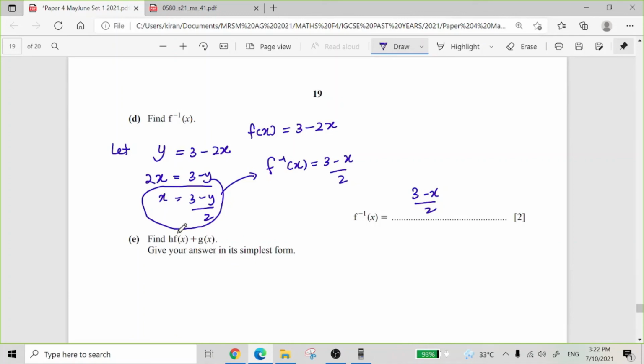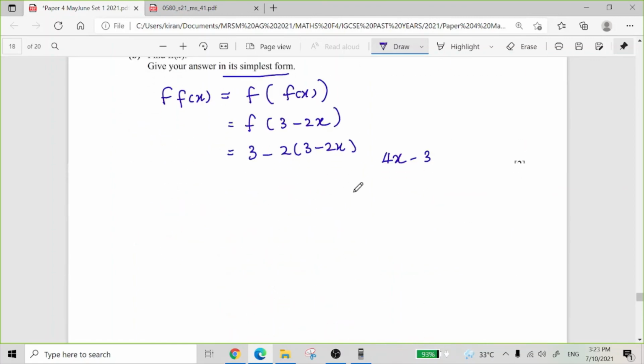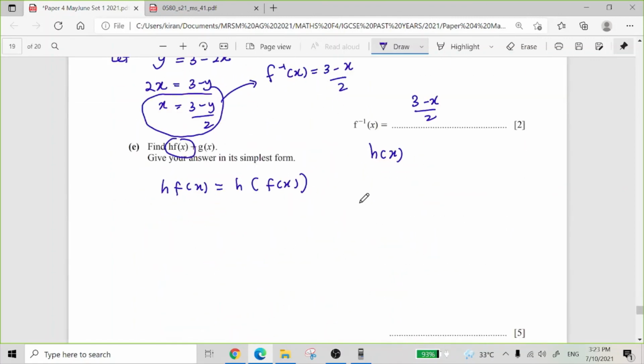Okay, give your answer in its simplest form. Pula ada h. So maknanya kat sini you kena buat composite function dulu. Do the composite function first. Okay, so kita ambil dulu function x tu dia berapa. Given h(x) here is x cube. Okay, x cube. So kita masukkan x cube kat sini. So h(3 minus 2x).